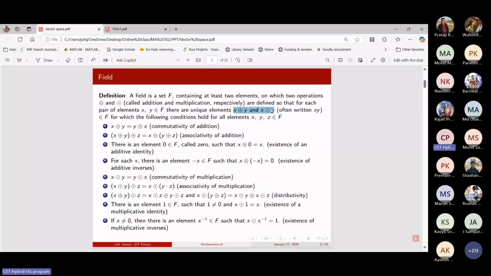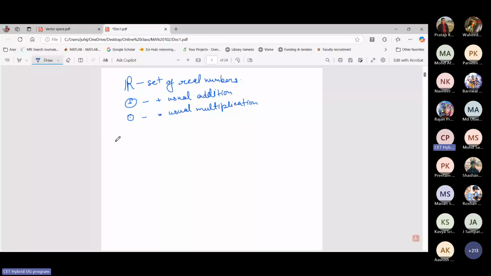Whenever we are multiplying two numbers or adding two numbers, let x and y belong to R, then x plus y will also belong to R. Yes or no? Addition of two real numbers will be a real number. Yes, ma'am.